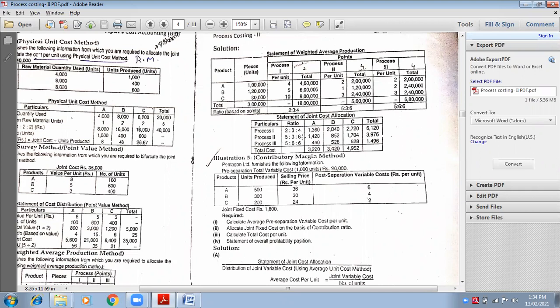So 3,976 divided by 14 into 5 is equal to, tell me, 5 is equal to 1,420. Very good. 3 is equal to 852. And what is the last? 6 is equal to 852. And what is 6 is equal to?